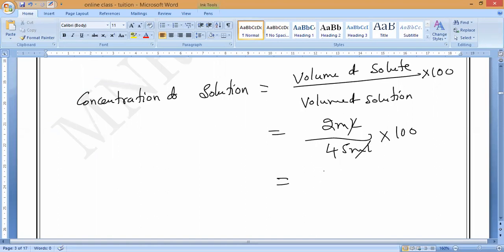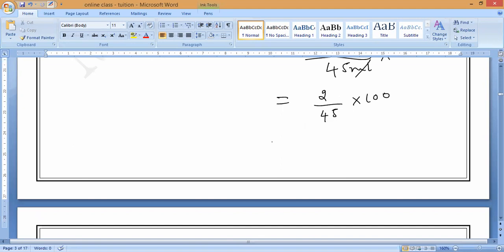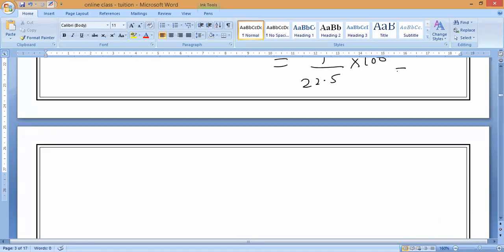So 2 divided by 45 into 100. 2 ones are 2, 2 twos are 4, 5. So 1 by 22.5 into 100. You can do it fast. I can write it as 1000 divided by 225.